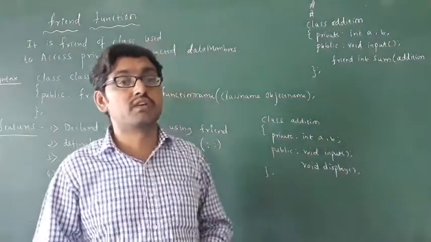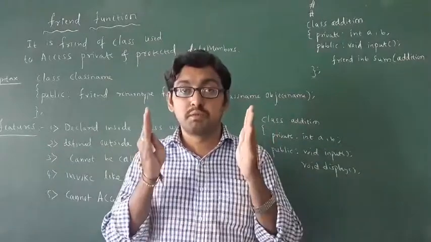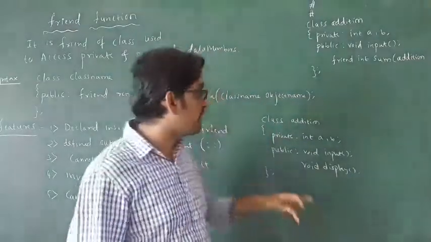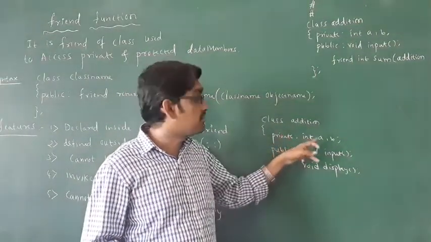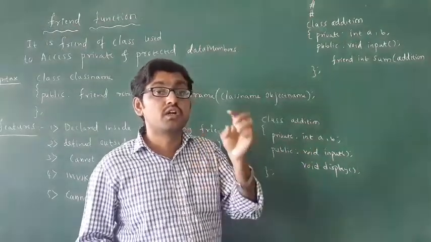What is the purpose of using a friend function? Private and protected data members, if you want to access them outside the class, require a dot operator.